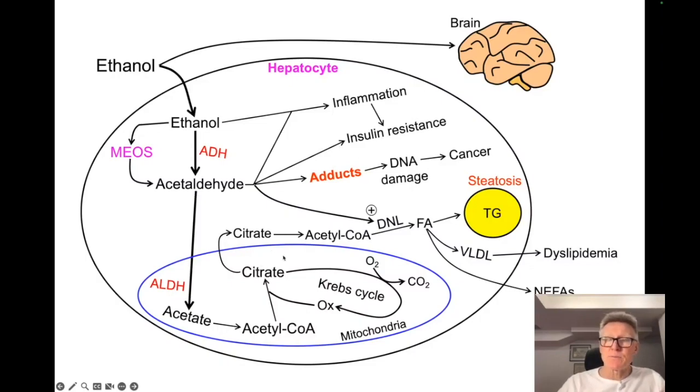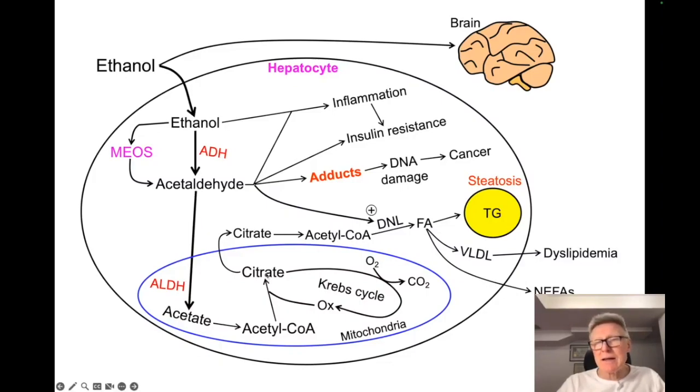Now, another feature of ethanol, and this is important because it's very common in alcoholics, is that when there is a lot of ethanol being processed, forming acetaldehyde and then entering the mitochondria to become acetate, the Krebs cycle has only a limited capacity to oxidize all the acetate that is coming in. In the first reaction of the Krebs cycle, acetyl-CoA condenses with oxaloacetate and forms citrate.